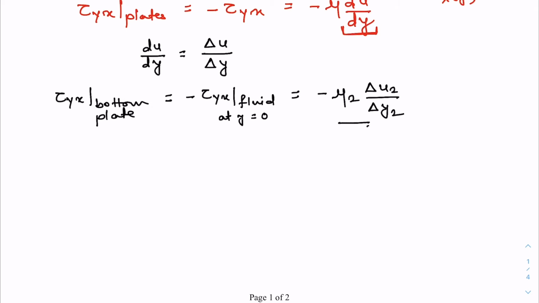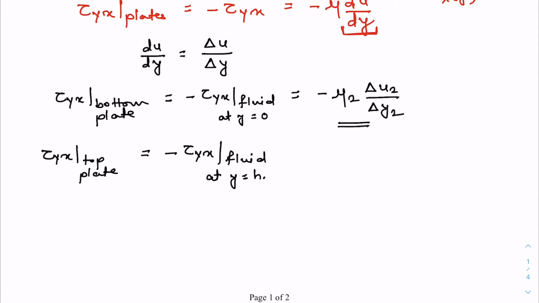So this is the expression for the shear stress acting on the bottom plate due to the fluid. And similarly, the shear stress acting on the top plate will be equal to negative of the shear stress acting on the fluid, but at y equal to h1 plus h2. So it is basically equal to negative times minus mu1 delta u1 divided by delta y1.